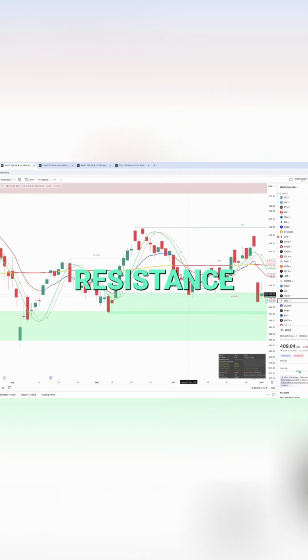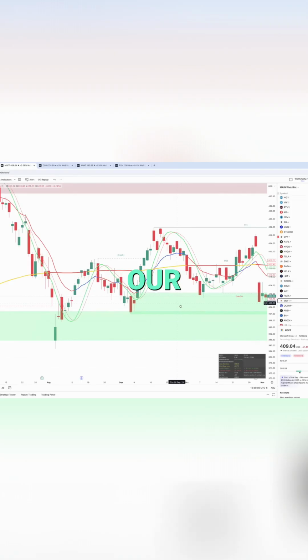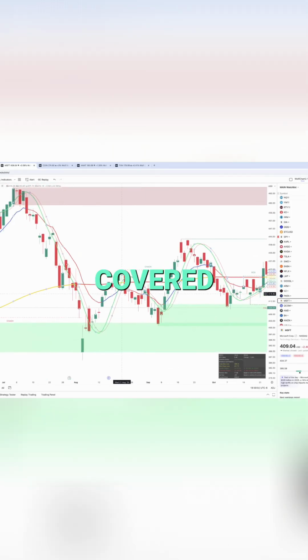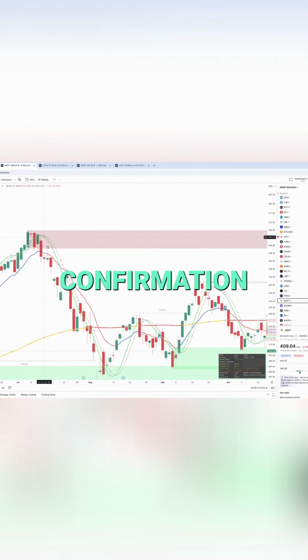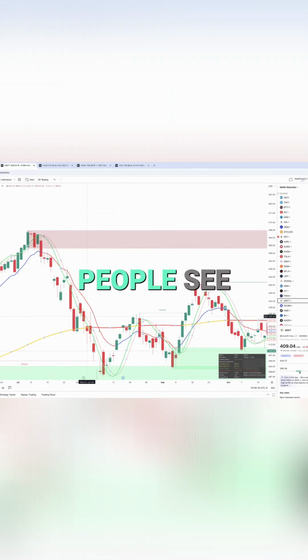But we use this 200 and 12 for our breakout confirmation system. So what we just covered is the arc confirmation to get early entries. You see how we're way up here at the top of the reversal and we're getting in earlier than everybody because we can see the confirmation sooner than other people see it.